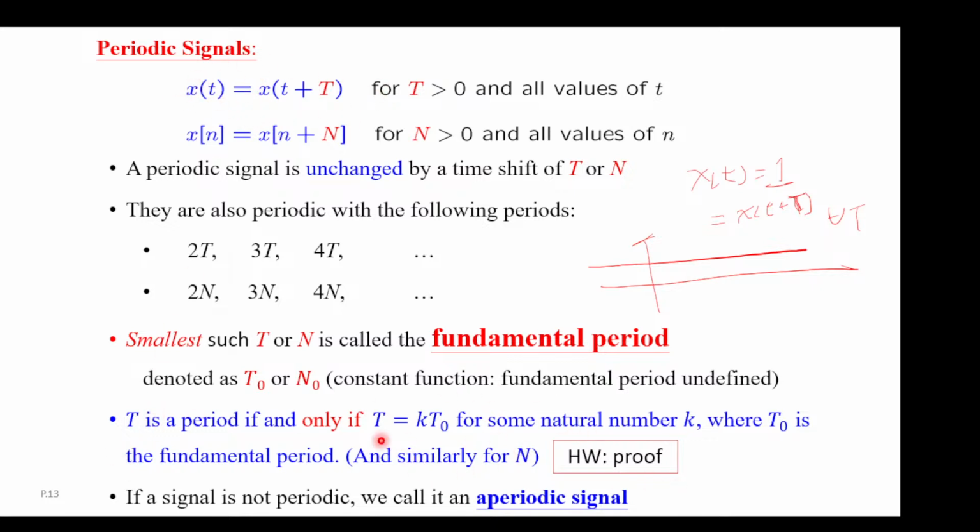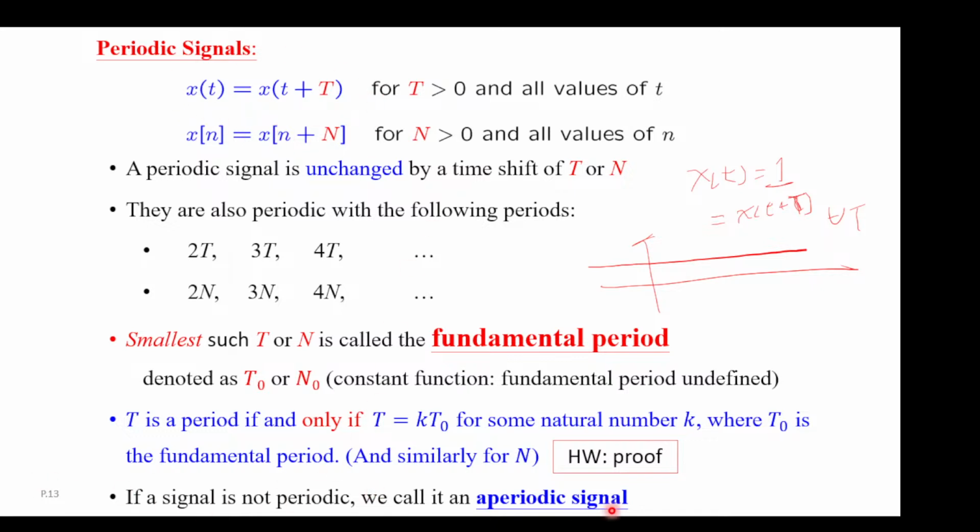And you need to think a little bit about why all other T don't work: if you have a T that's not an integer multiple of the fundamental period, then it cannot be a period of your signal. So that's something you can think about in your homework. And finally, it's the same for N. If you can find some T or N like this, then your signal is called periodic.